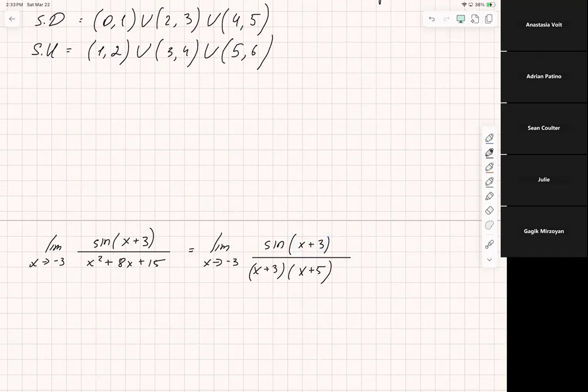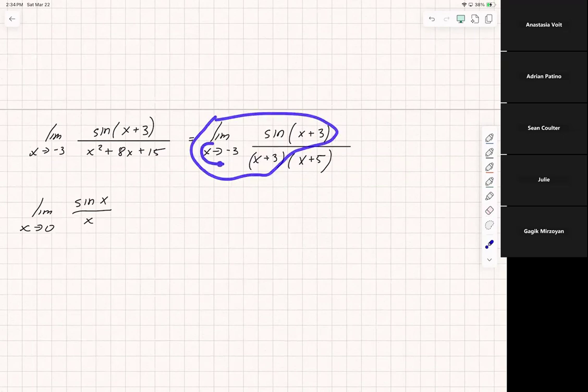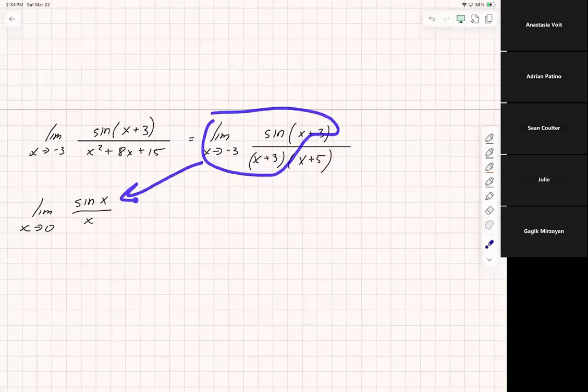We know the rule, limit as x approaches 0 of sin x over x, or we can have 3x over 3x, or anything else. But this is not exactly what we have. We have x approaching -3, and some more involved argument. So what if we try to make this expression look like this one?